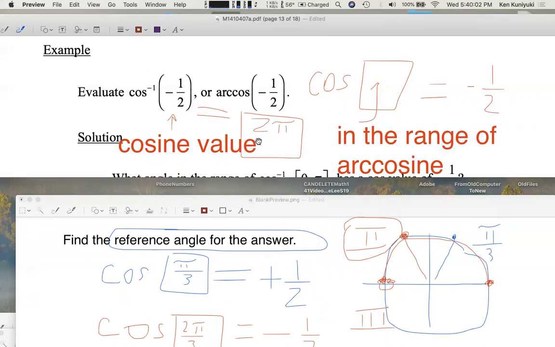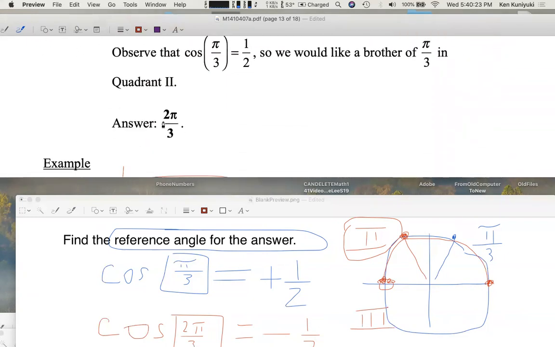And don't put any other angles. If you put any other angles, that might be no credit because then you don't know what a function is. Remember, a function is not allowed to spit out more than one value. So if you put more than one value here, I have the right to give no credit because you don't know what a function is. That's a problem. Way back in chapter 1. Okay, 2 pi over 3.